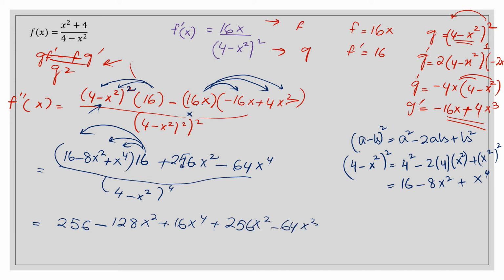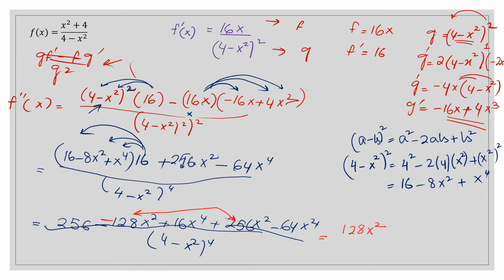Now simplify the like terms. Look at this here, negative 128x square goes with the 256x square, so it will give you 128x square.